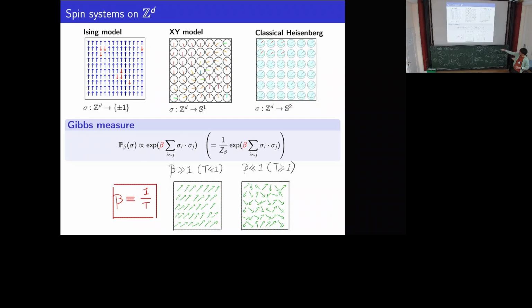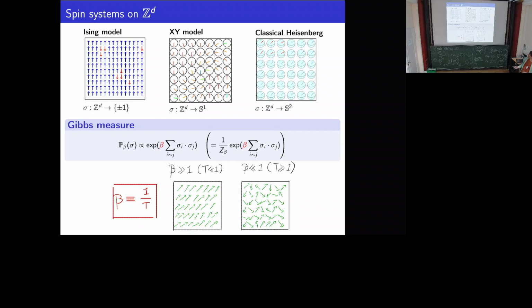Keep in mind that beta large means the probability measure will be concentrated on configurations that are very ordered, and beta small, T very large, will be something very disordered. The name inverse temperature is appropriately chosen, yet a source of tons of confusion, so you can believe me.